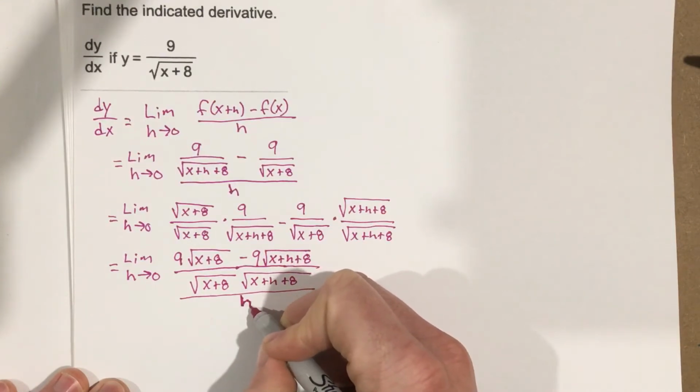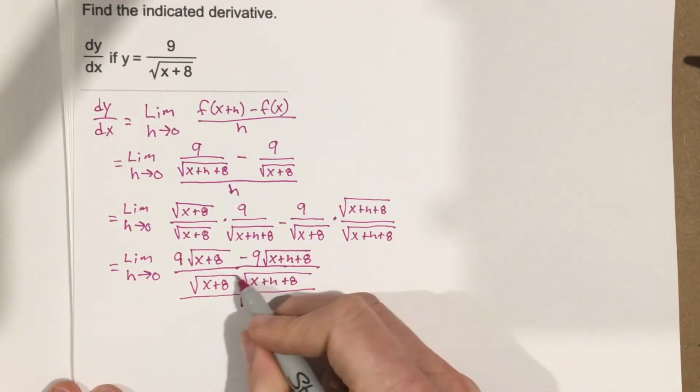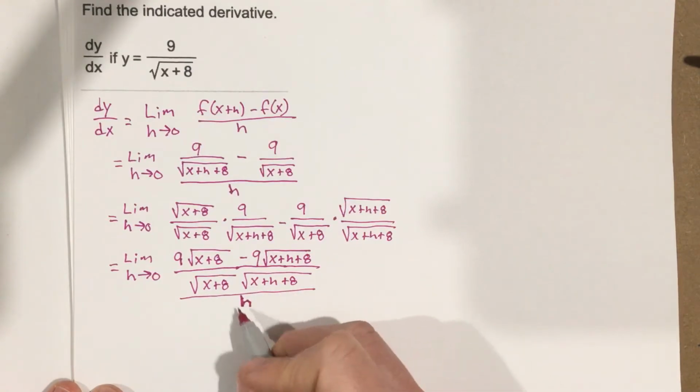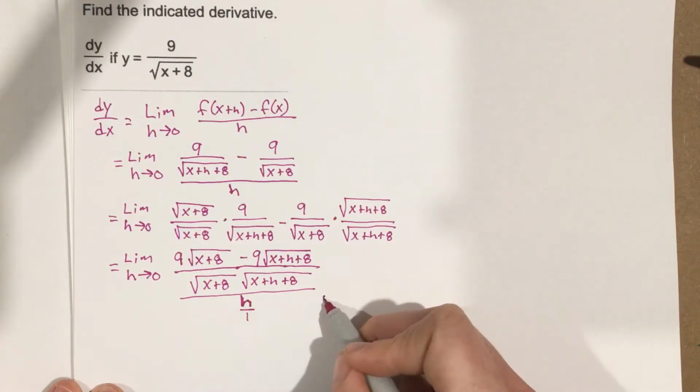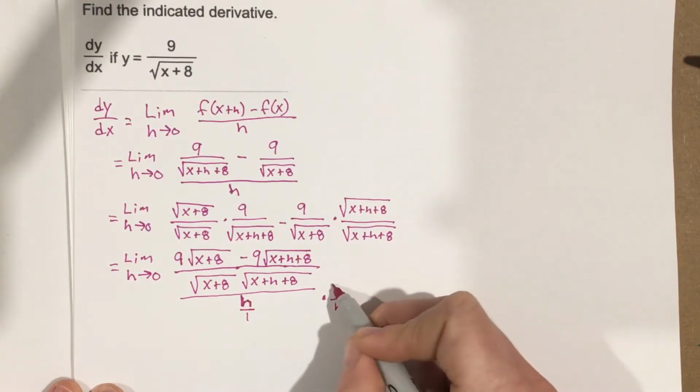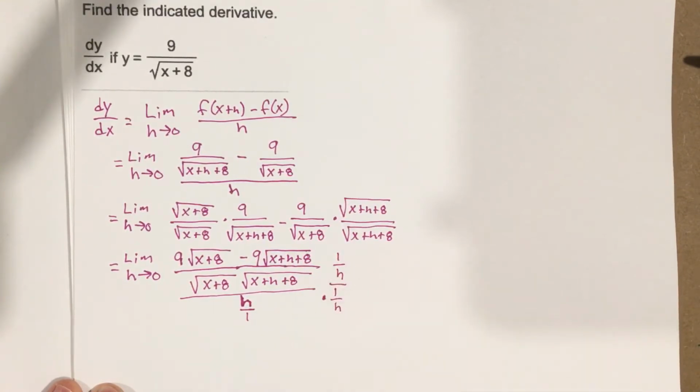Now at this point I think I need to multiply by the conjugate, and maybe I'll wait just a second. We know, because we're dividing by this denominator and dividing by this one, that they can be combined together. We could also think of it as putting h over 1 here and then multiplying the bottom by 1 over h and the top by 1 over h. This is just 1, so it doesn't change anything.